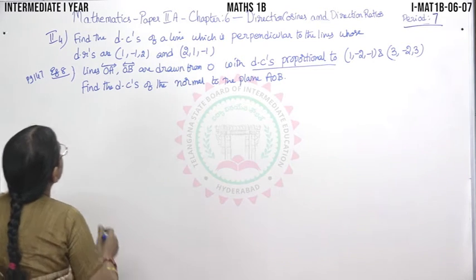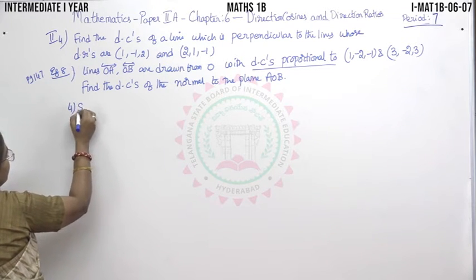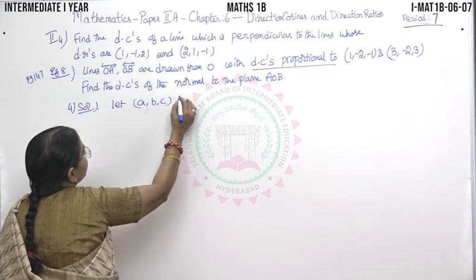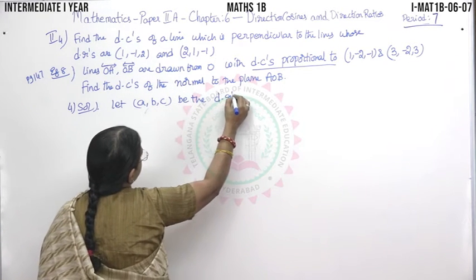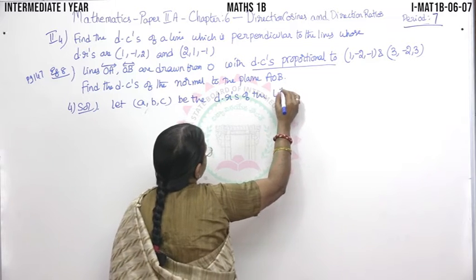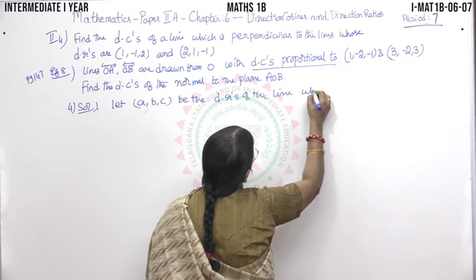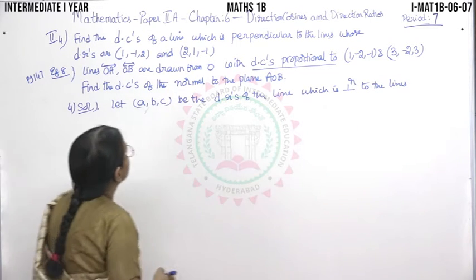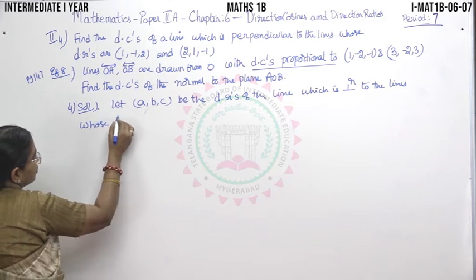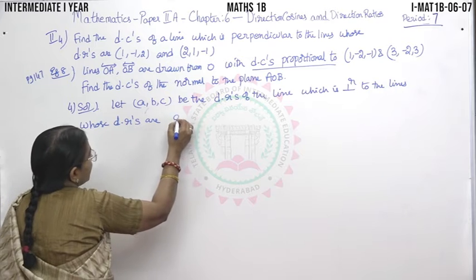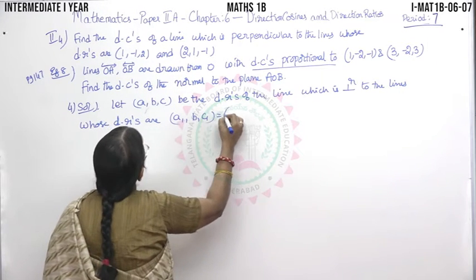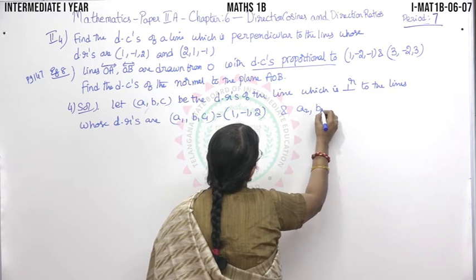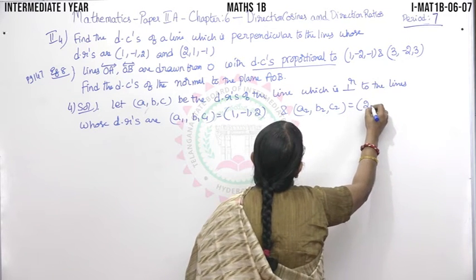The first one I'll solve. How we do it is, suppose that a, b, c be the direction ratios of the line which is perpendicular to the lines whose direction ratios are a1, b1, c1, which is 1, -1, 2, and a2, b2, c2, which is 2, 1, -1.